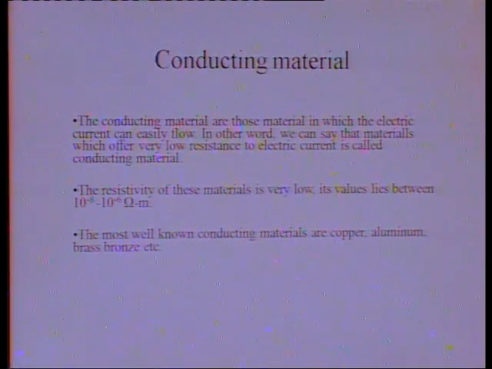Their resistivity is very low and conductivity is high. The value of resistivity of conducting materials lies between 10 raised to power minus 8 to 10 raised to power minus 6 ohm meters. The most well known conducting materials are copper, aluminum, brass, bronze, etc.